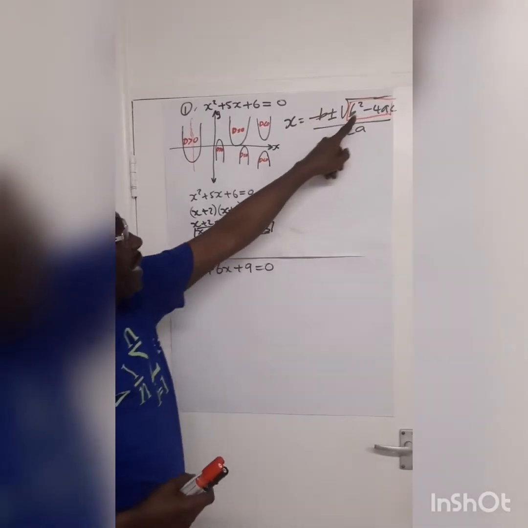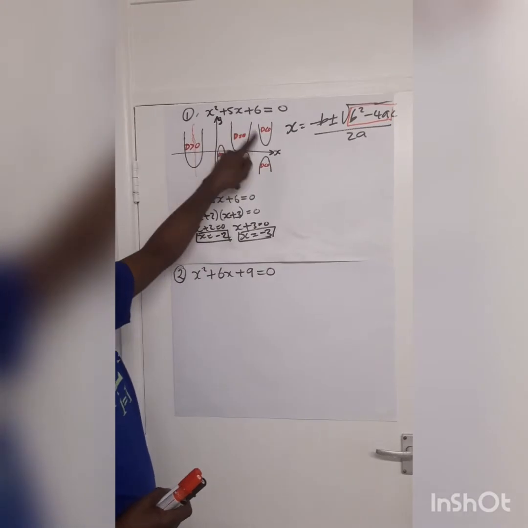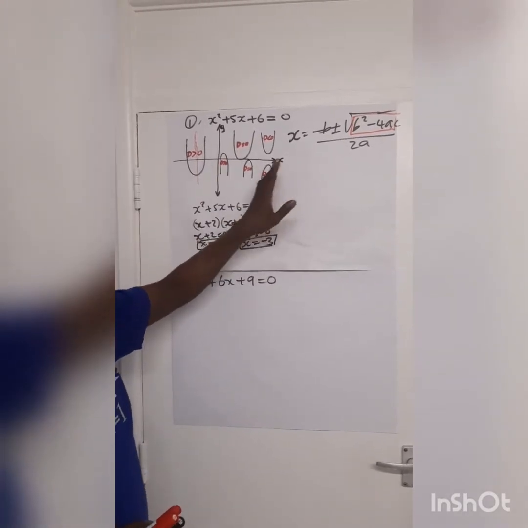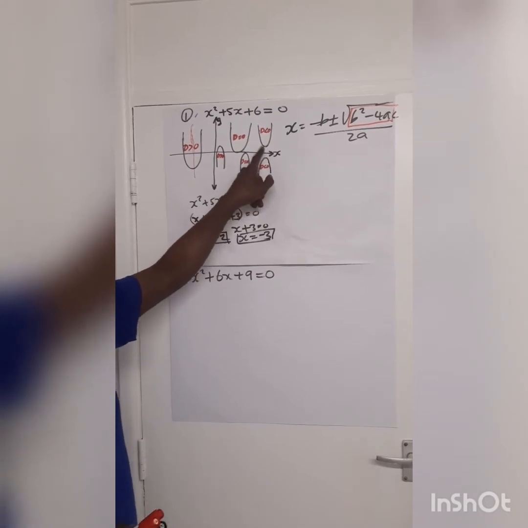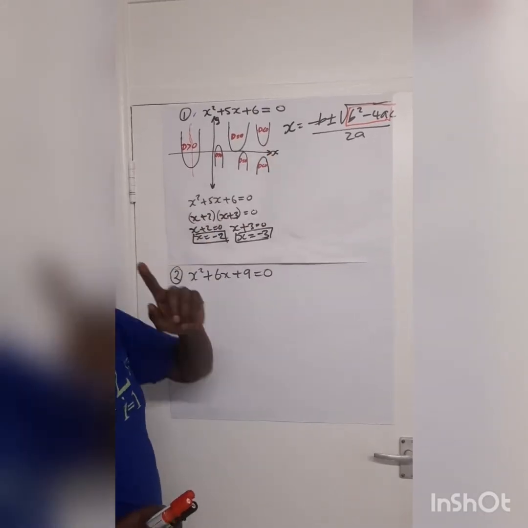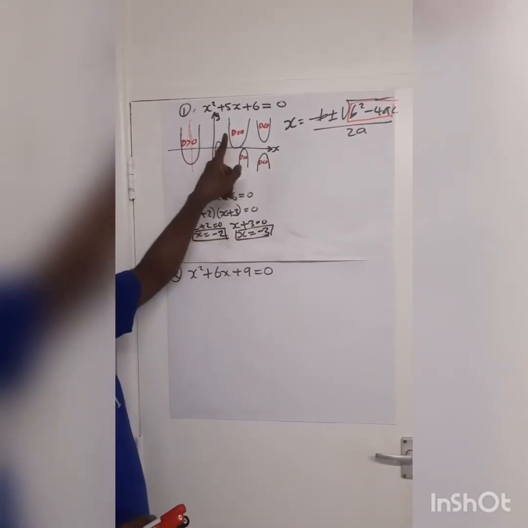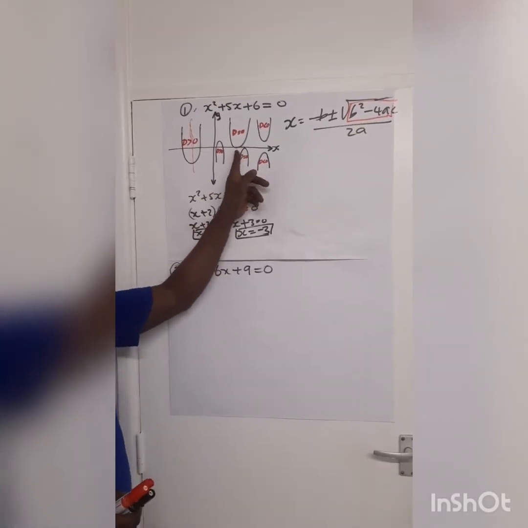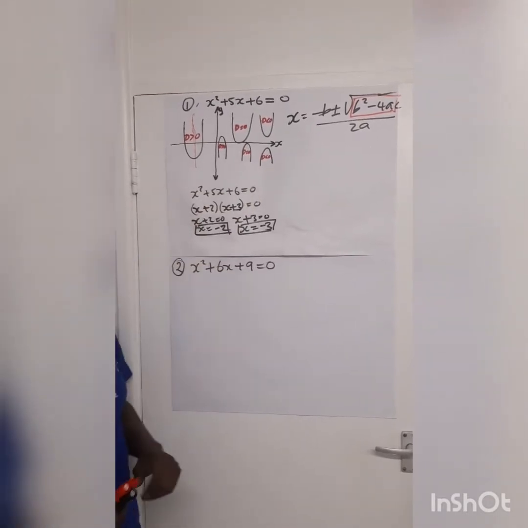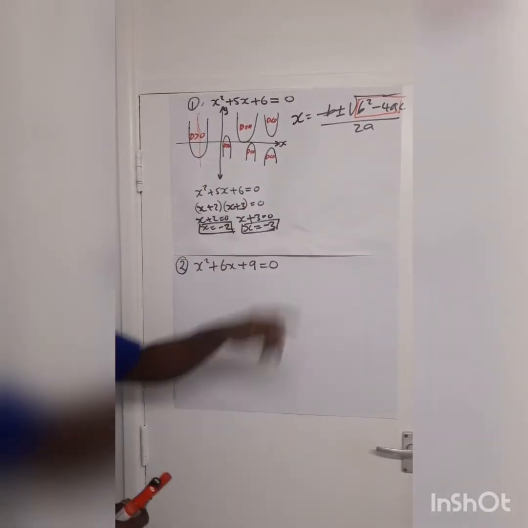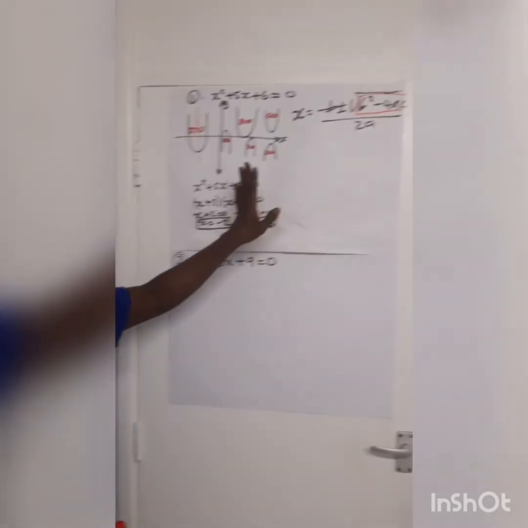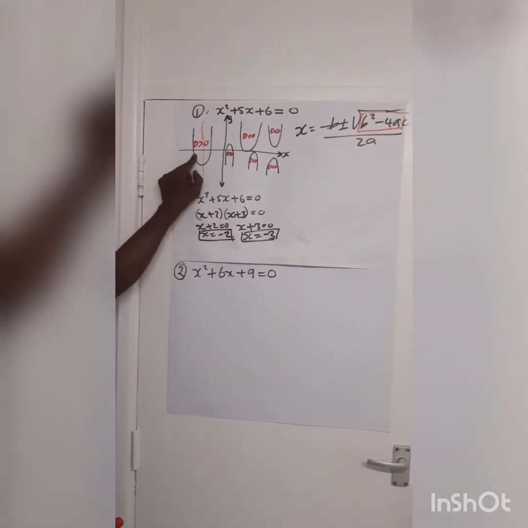For example, if the discriminant is less than 0, then you have no solutions, because as you can see from the curves, they do not intersect the x-axis. If the discriminant equals 0, then the quadratic curves touch exactly the x-axis, for example that and that one. If the discriminant is greater than 0, then you have two solutions.